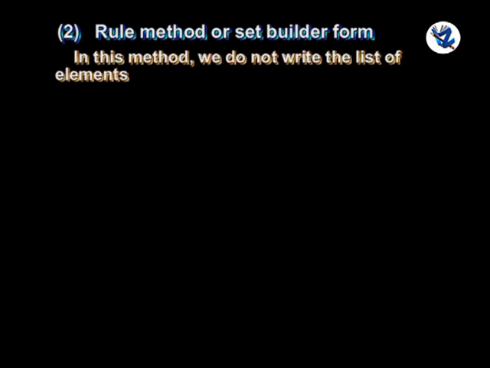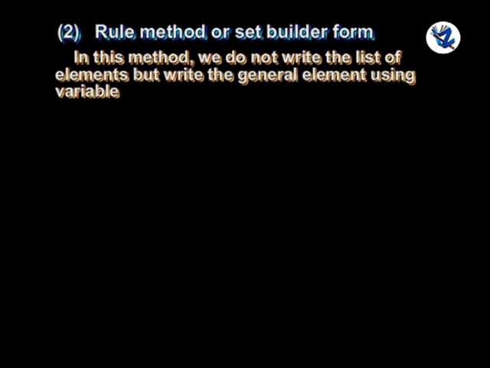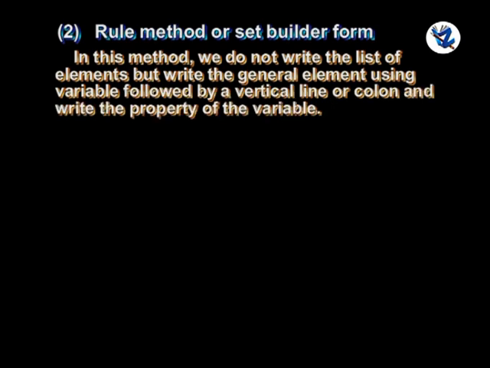Now the second method, rule method or set builder form. In this method, we do not write the list of elements but write the general element using a variable followed by a vertical line or colon and write the property of the variable.